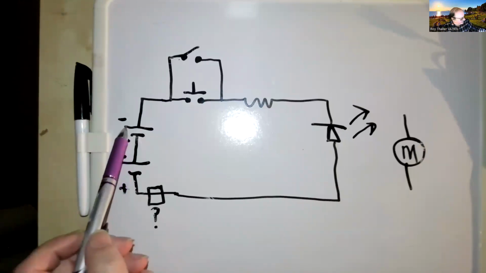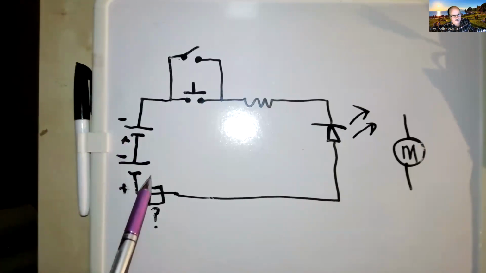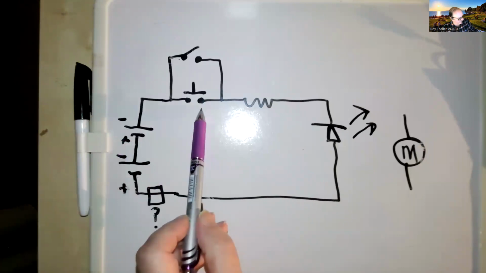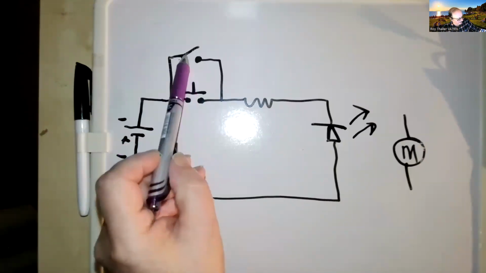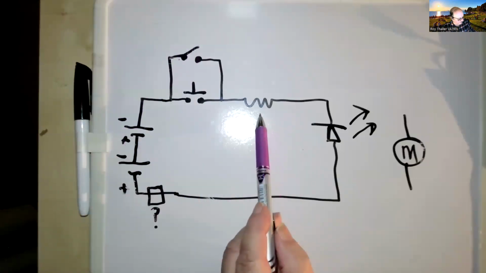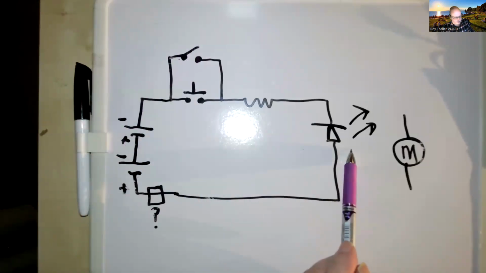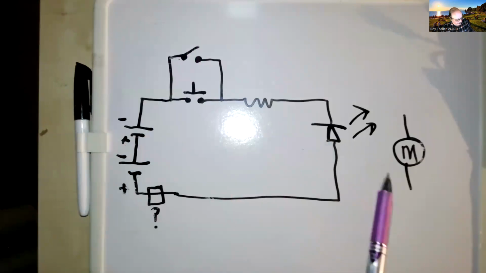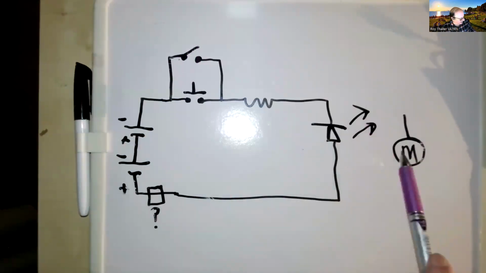So, you've got your two batteries here. This is a representation of a battery. Here's a representation of the push button. And here's the representation of the slide switch. Here's your resistor. Here is your LED. And here is your motor that we were playing with.